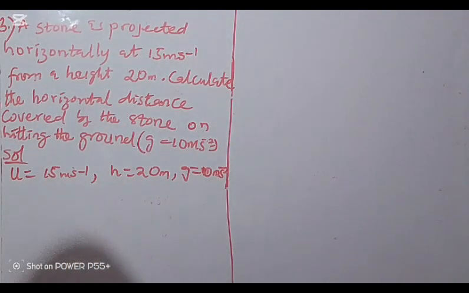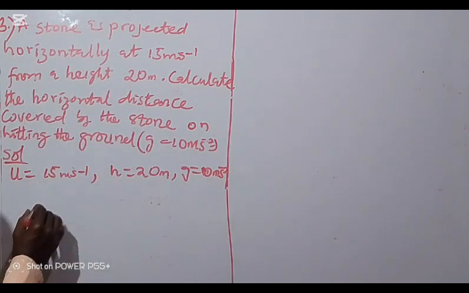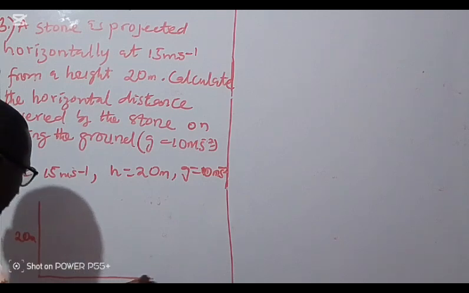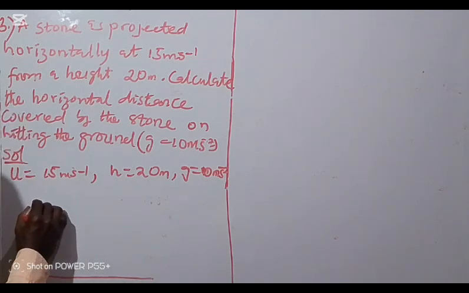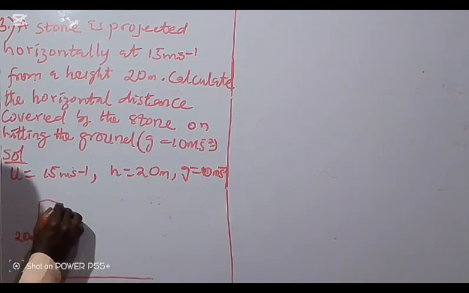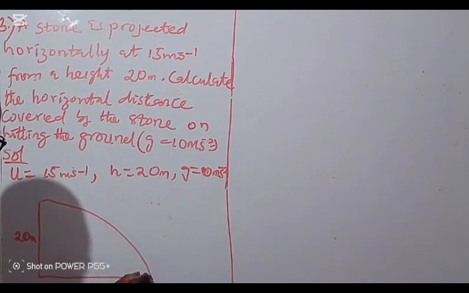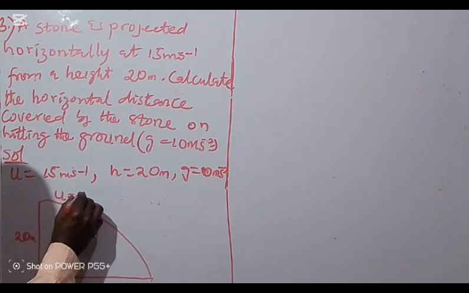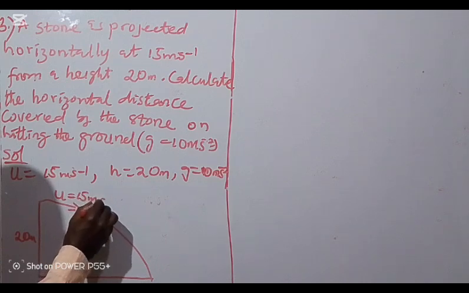For better understanding, let's put it into a drawing. Let's say this is the height from which the stone is being thrown, 20 meters. This is horizontal ground, so it is thrown like this with a velocity u of 15 meters per second.